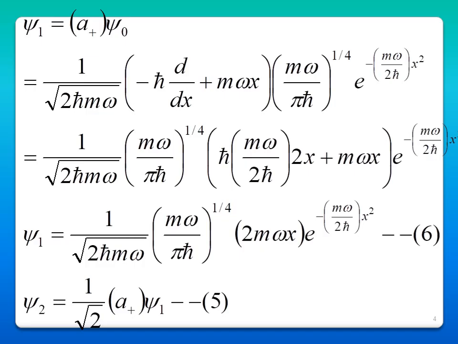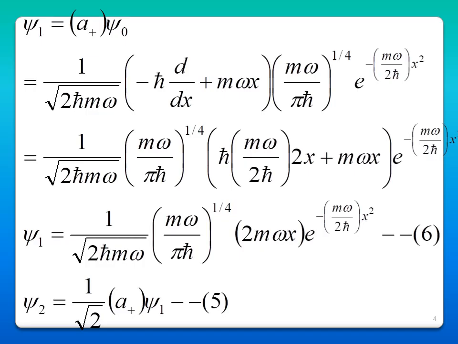If you differentiate, then we get psi 1 is 1 by square root of 2 h cross m omega, m omega by pi h cross whole power 1 by 4, 2 m omega x e power minus m omega by 2 h cross x square. And next you have to find psi 2.